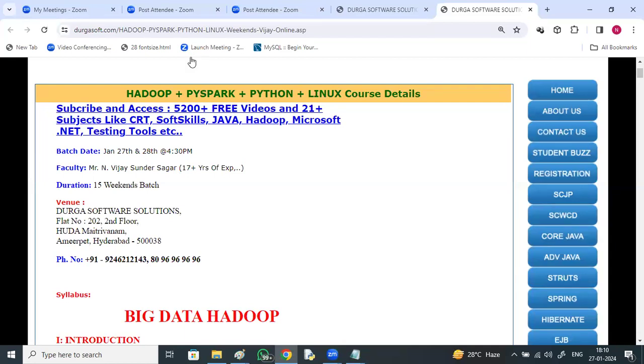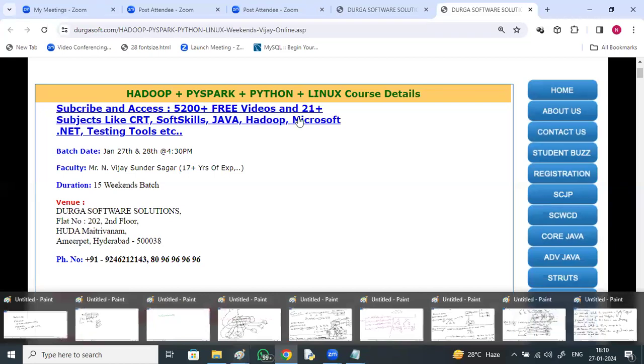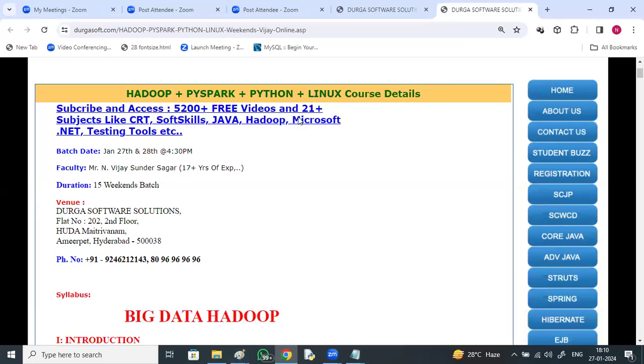Without Python, it is 12,000. For Python, you can attend any of my regular weekday batches, Monday to Friday. Mornings are available, evenings are available.